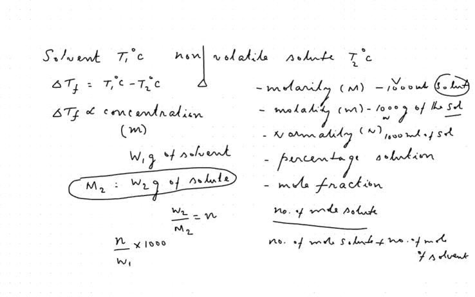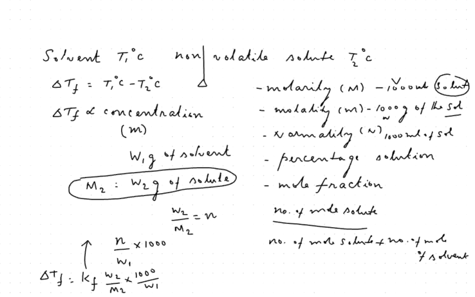So substituting all these values and introducing a proportionality constant, you can rewrite the equation like this: delta TF is equal to Kf, the proportionality constant, into W2 by M2 into 1000 divided by W1. So Kf is called the molal freezing point depression constant.